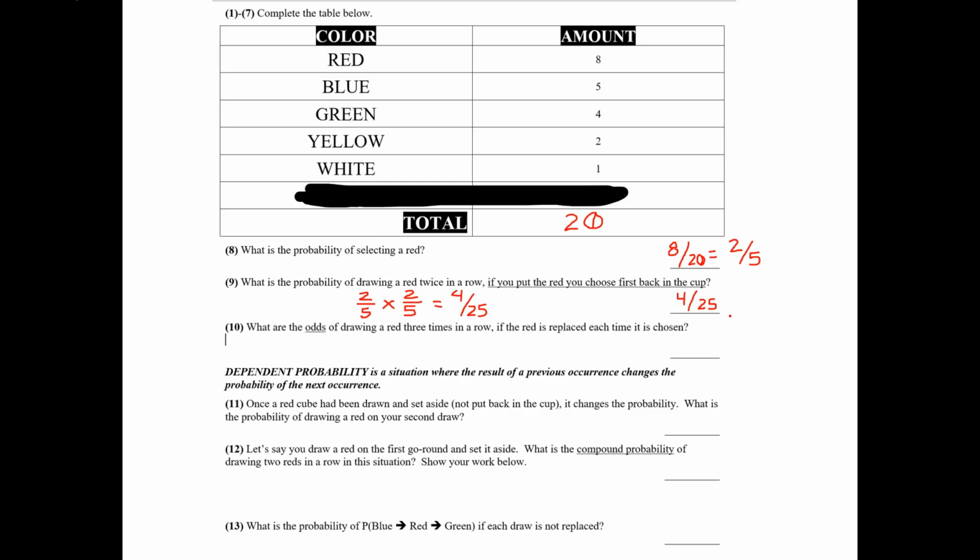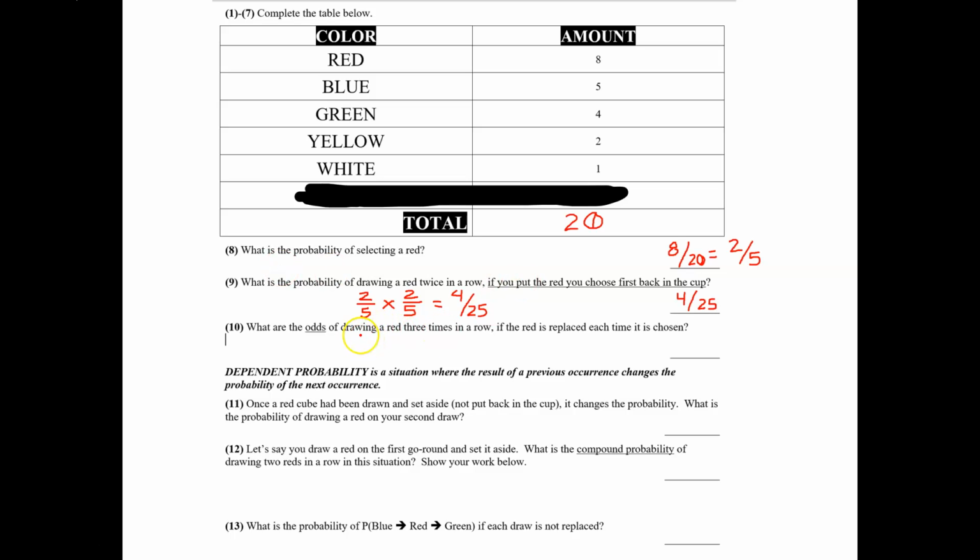Probability with replacement means you do a thing and then you reset the situation back to the original setup. So if it asks you for with replacement, that means you're taking the thing out of the cup and then putting it back into the cup before you do the next draw. If it says without replacement, well, we'll get to that in a second.